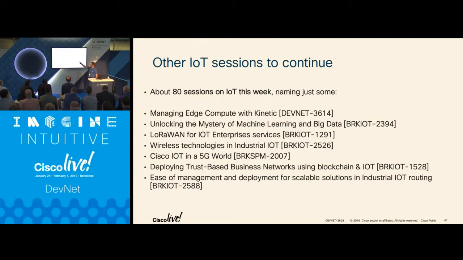We have a session which is specific on LoRaWAN. For those who are familiar with LoRaWAN, that's great. I love it, it's my baby, I love LoRaWAN. For those who do not, it's a long-range, low-power radio transmission technique that works with a gateway, a LoRa network sensor, and a network server, a LoRa network server.